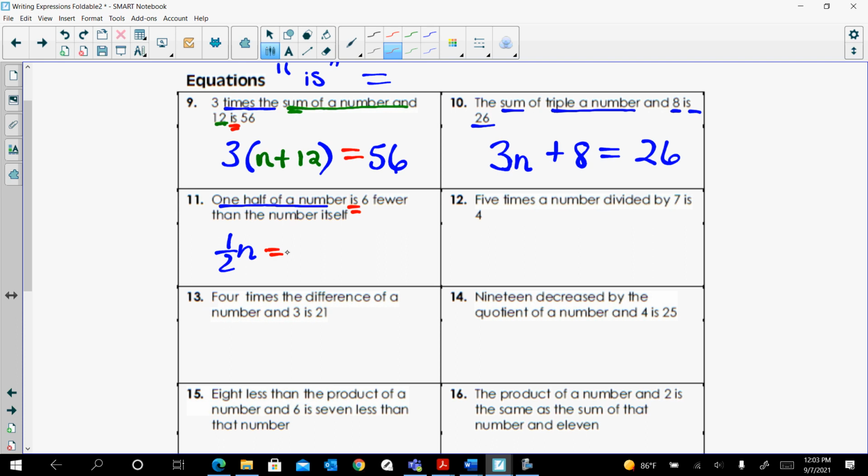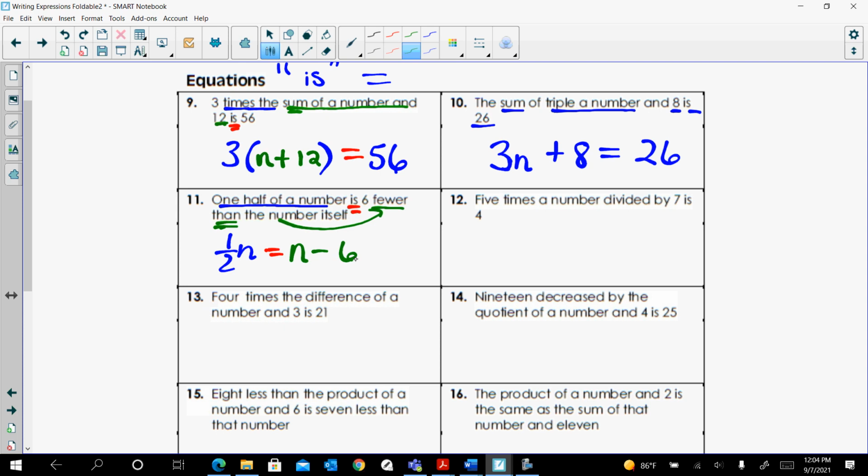And it says fewer than, okay? So because we have fewer than right there, that means we're going to switch. So the 6 is not going to come first. It's going to be n minus 6. You have a switch word, and that's the word than.